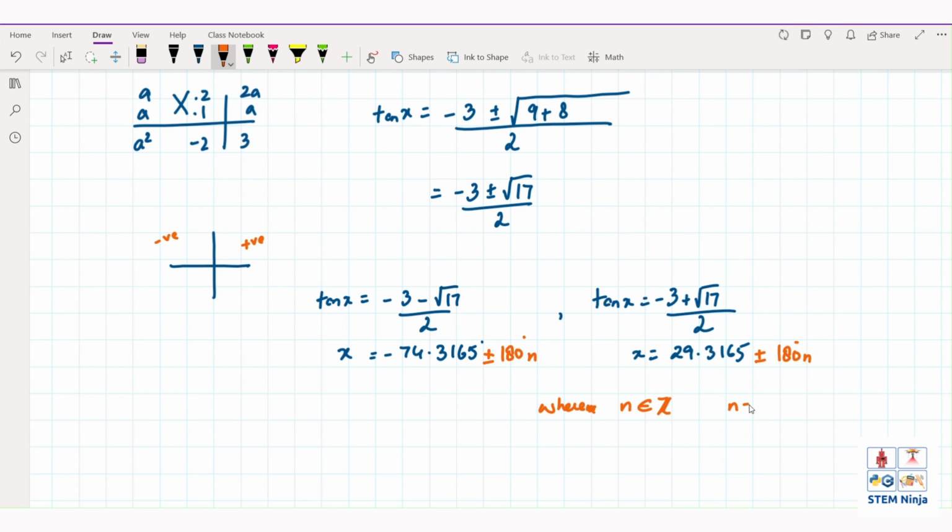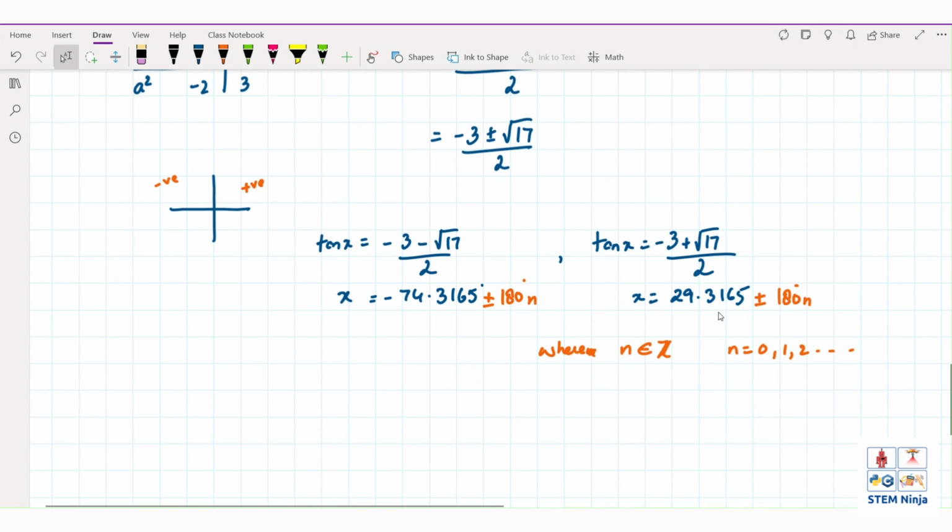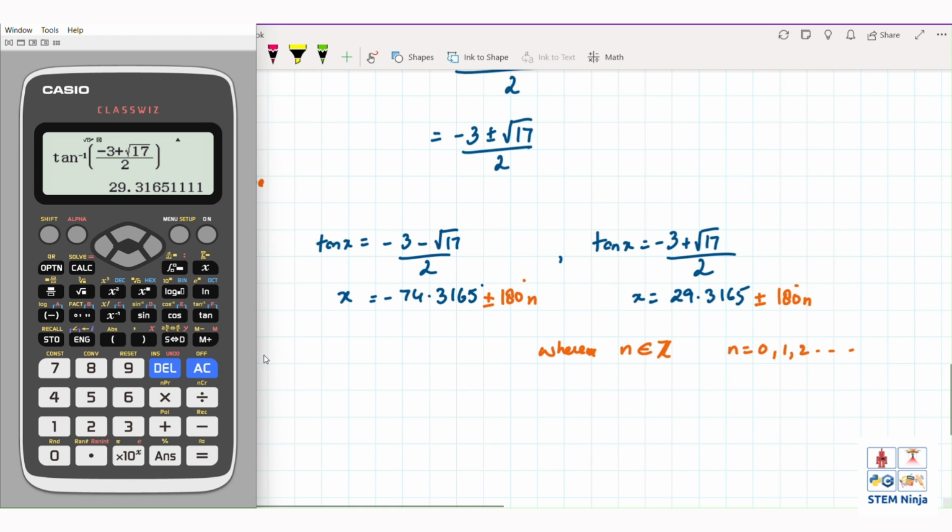Or you could also write it as n equal to 0, 1, 2, 3, and so on. Now, one of the answers, 29, is acceptable to us, but minus 74 isn't. So we take this answer plus 180, we get 105.